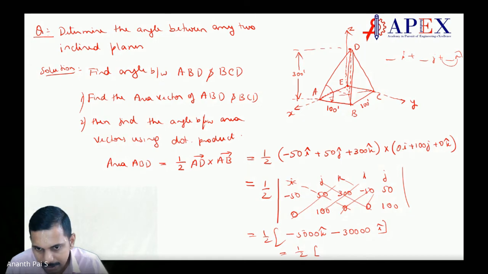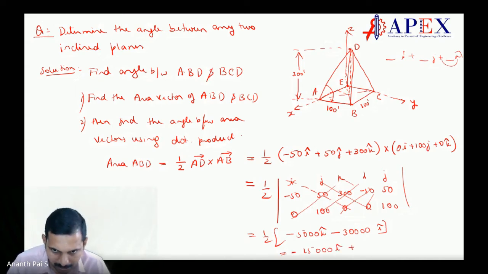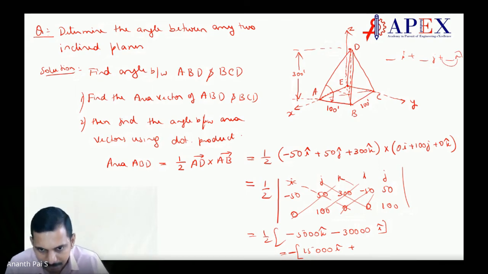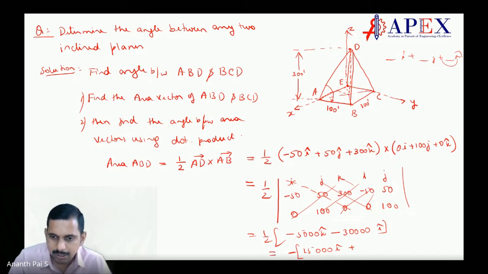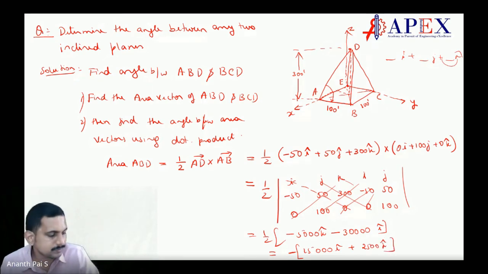When you do this, you get 15,000i, plus or minus is there anyhow. If you consider this as a minus area, then it's a minus area. It depends on what you consider. So minus 15,000i plus 2,500k. Make sense?